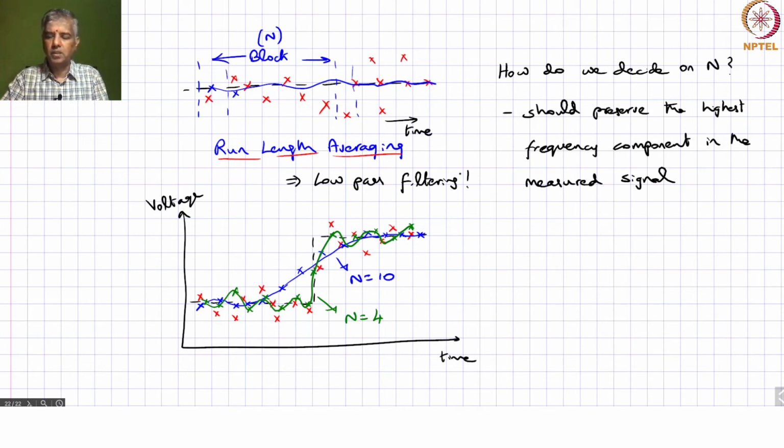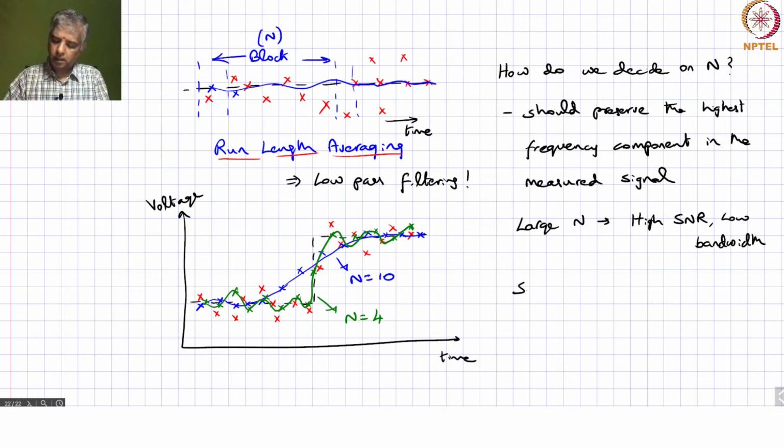Okay, so overall, if we go back and look at this question, how do you decide on n? It's a trade-off typically. Large n gives high SNR, you have better SNR, but low bandwidth, because you are smoothing over this transition.